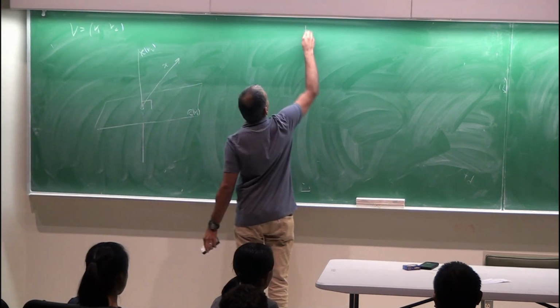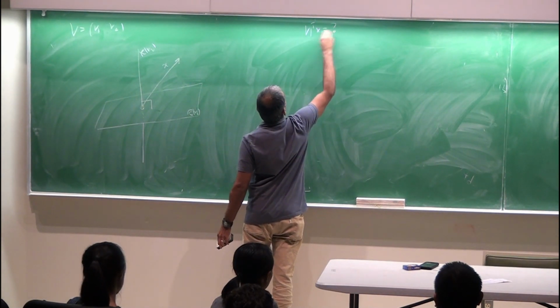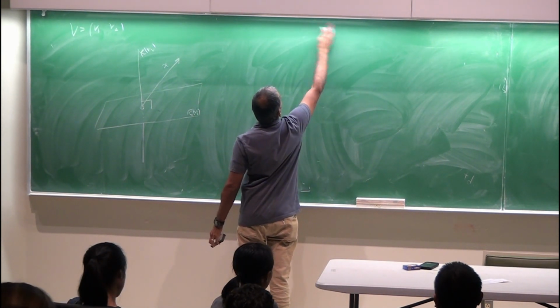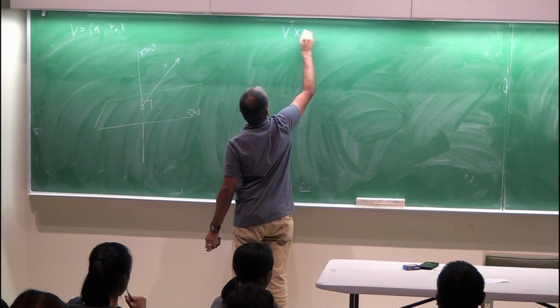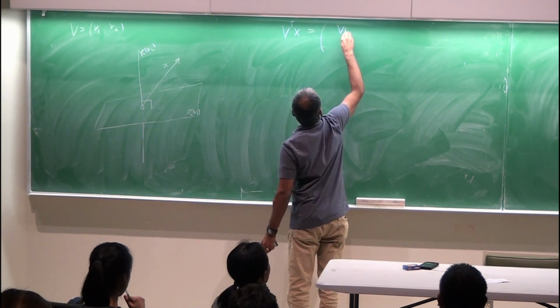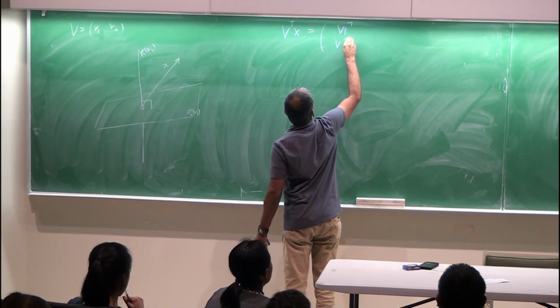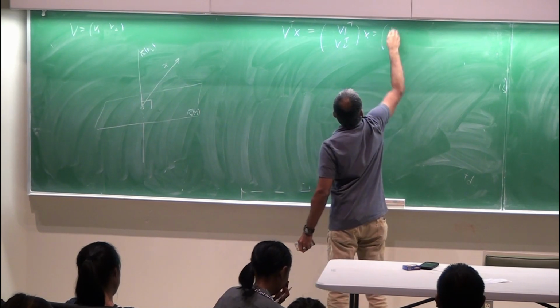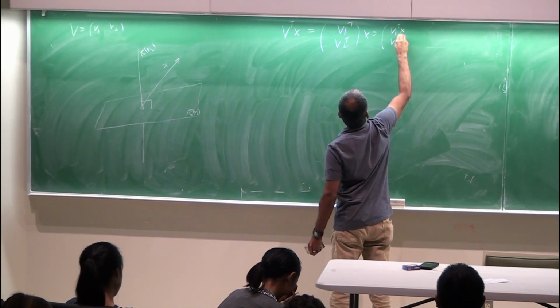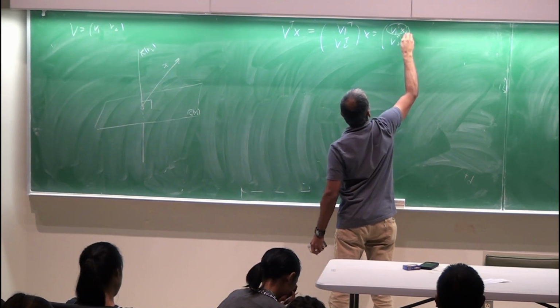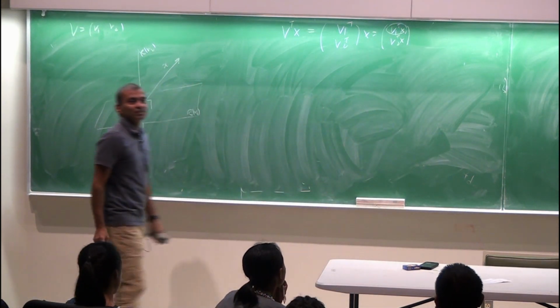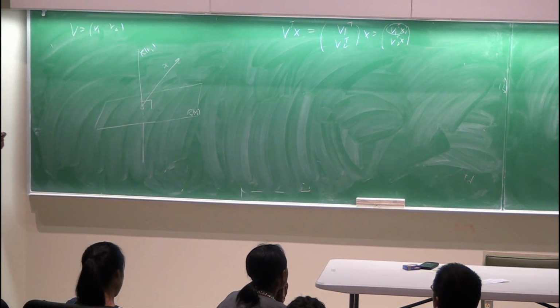So what is V1 transpose x? Well, we don't know what this is, but let's not look at this one. Let's look at V transpose x instead. If you look at V transpose x, then I have V1 transpose x on the top and V2 transpose x at the bottom. What I know is the numbers on the top, V1 transpose x. If I knew the numbers at the bottom, I would recover x fully.